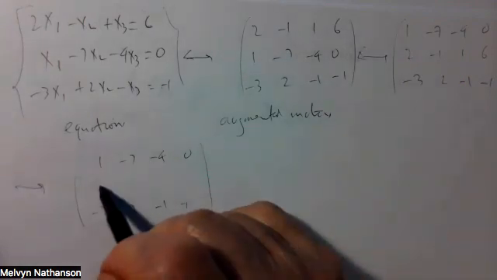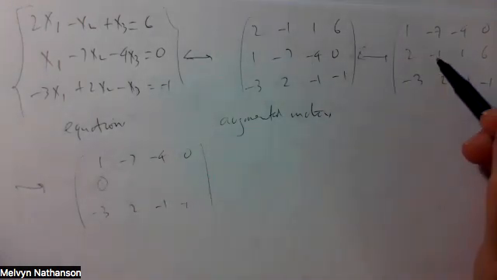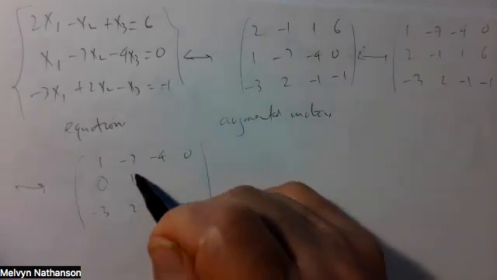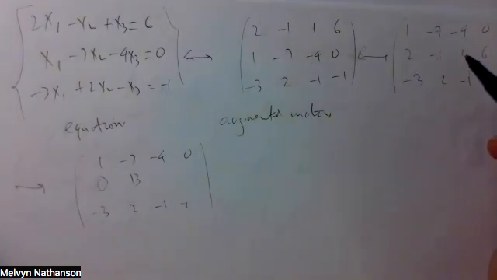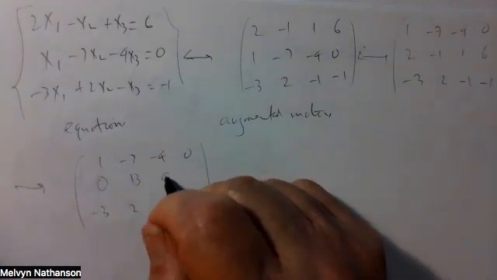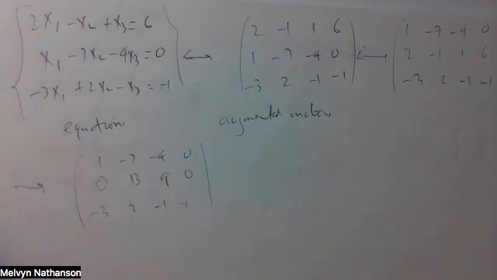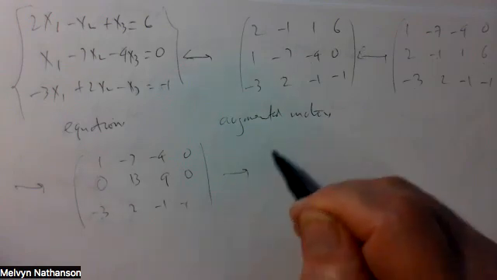To get a 0 here, I can subtract twice row 1 from row 2. So 2 minus 2 is 0. Minus 1 plus 14 is 13. 1 plus 8 is 9. 6 minus 0 is 6. So I got my 0 here. Then I want a 0 here.